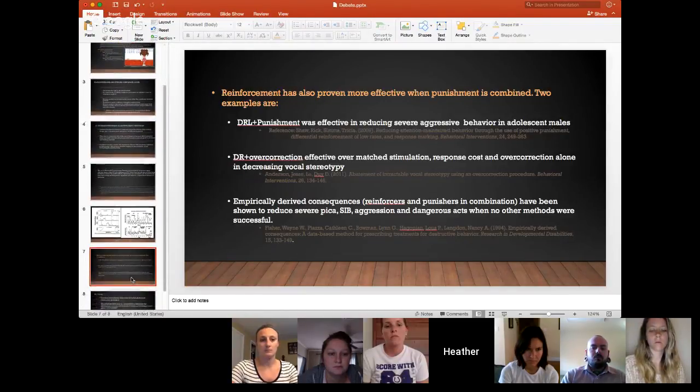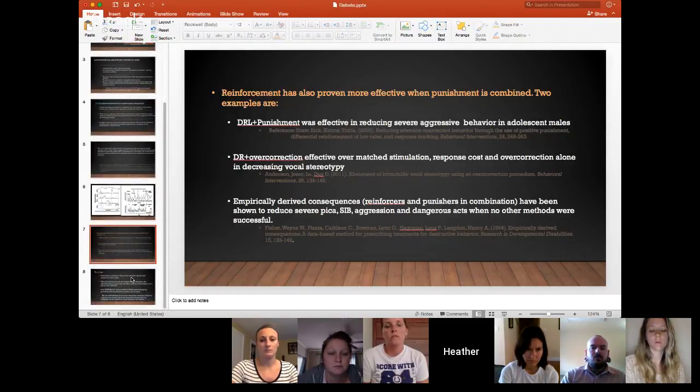Other examples of reinforcement being effective with punishment: differential reinforcement of low rates of behavior plus punishment. There was a study where it was effective to reduce severe aggression in males, and that was Shaw and Sims in 2009. Differential reinforcement plus overcorrection was effective over match stimulation, response cost, and overcorrection alone in decreasing vocal stereotypy, and that was Anderson and Lee in 2011.